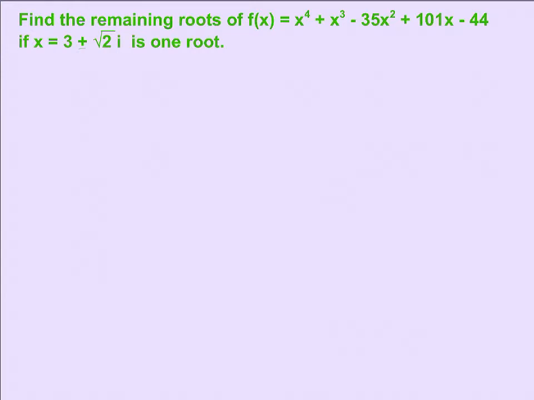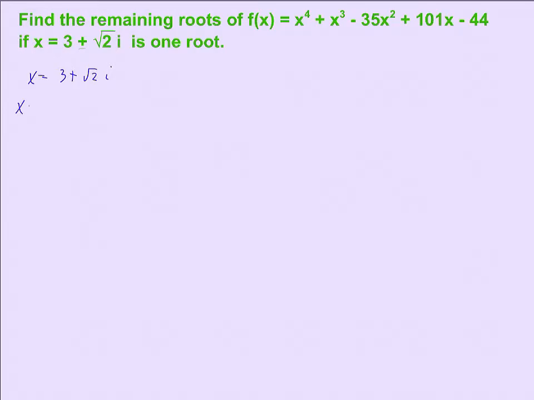The other thing you can do is to take this x equals 3 plus root 2i and turn it into a quadratic factor. We know we can turn it into a linear factor just by moving that 3 over, making x minus 3 minus root 2i. The other thing we can do is turn it back to a quadratic factor kind of by uncompleting the square.